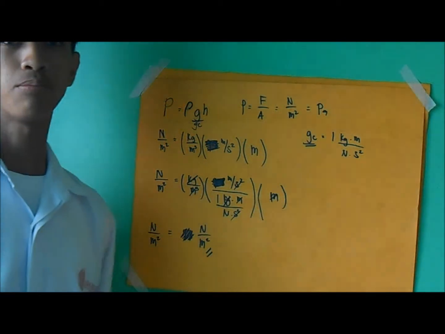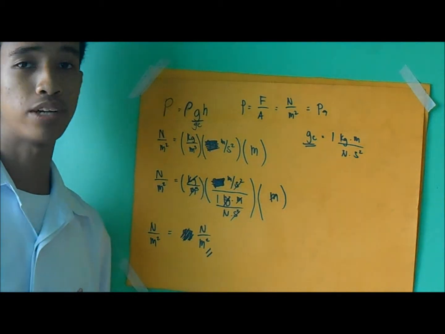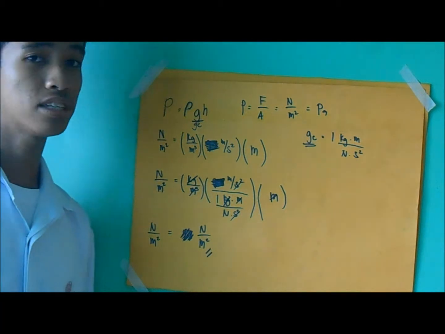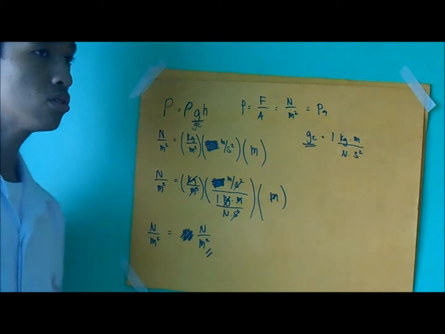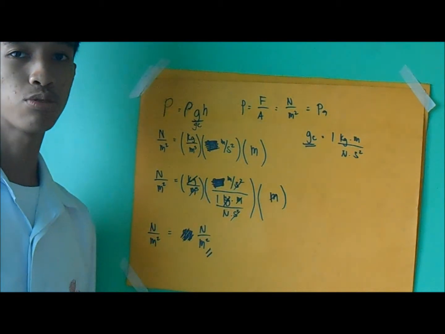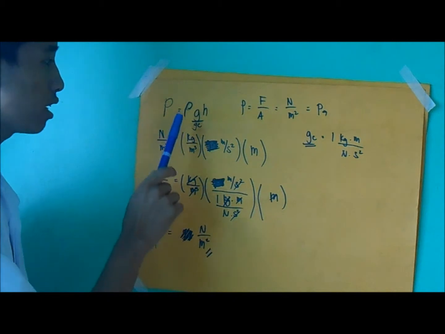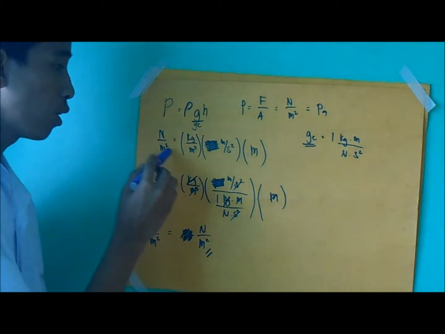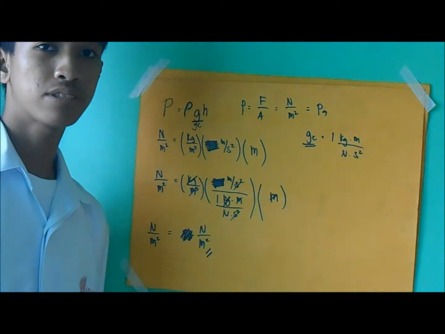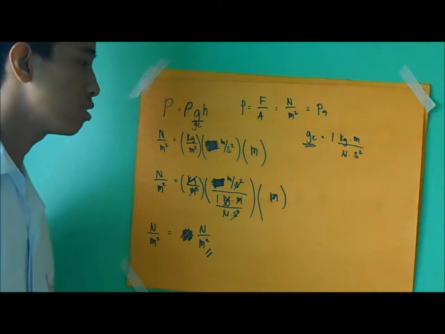Here is another example of a not dimensionally consistent equation. In the equation of fluid pressure, pressure is equal to the density times the gravity times its height. Now, we all know that the pressure unit is Newton per meter squared. As you can see in this equation, the left side unit is not consistent with the right side unit.